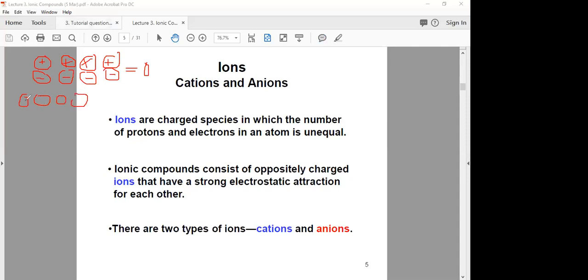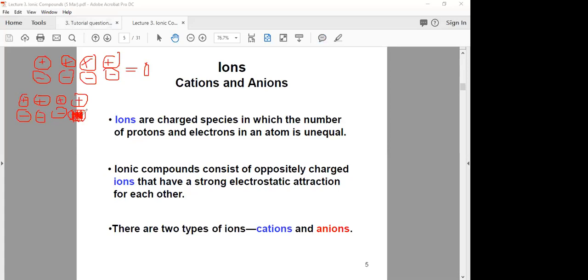Now, let's take this a little bit further. 4 positives, 4 negatives, once again 4 electrons. Now, what happens if we lose 1 electron?